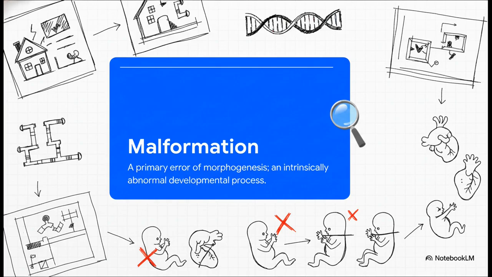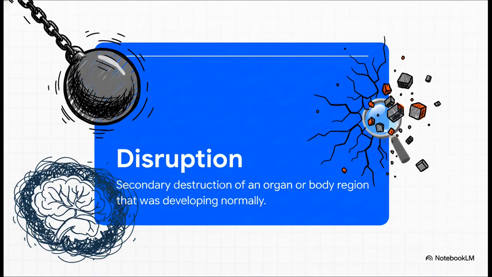Simple as that. Next, we have disruption. Now, this is the exact opposite of a malformation. In this case, the blueprint was perfect, the construction was going on beautifully, but then some extrinsic force, think of it like a wrecking ball, comes from the outside and smashes into the building. It causes secondary destruction. So the original plan was fine, something from outside came and broke it.